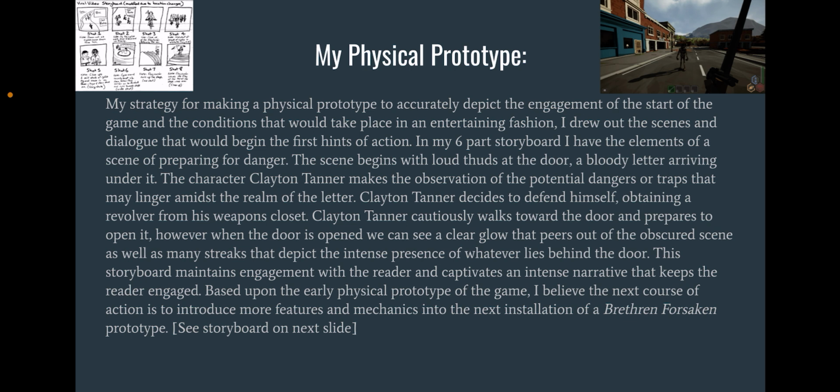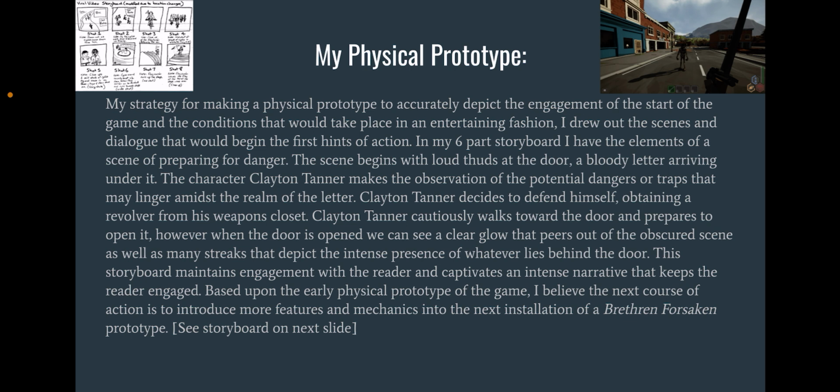Clayton Tanner continues to cautiously walk toward the door, and when he opens it, the door shines with a glow that the person or the observer cannot make out.